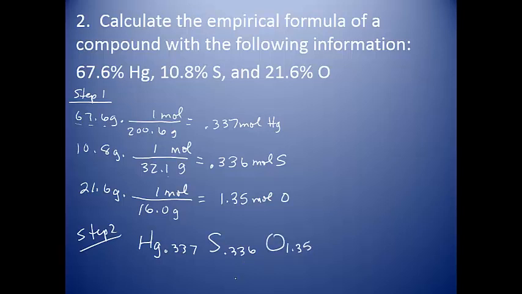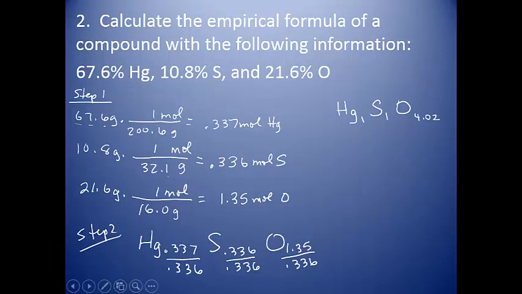Now the lowest number that we have is the 0.336. So we're going to divide each of these by 0.336. And I'm going to run out of room here, so I'm going to start back up here. When we do that, the Hg becomes a 1, and the sulfur becomes a 1, but the oxygen becomes 4.02.